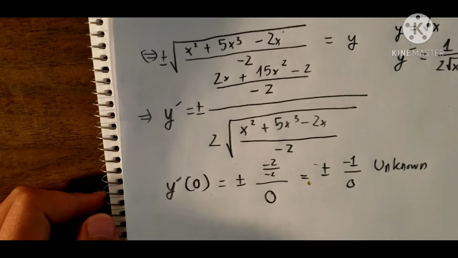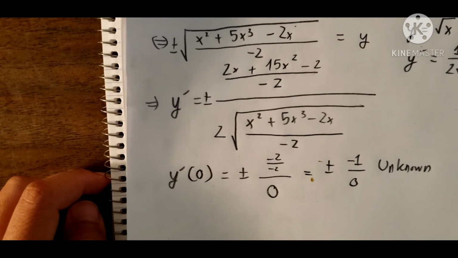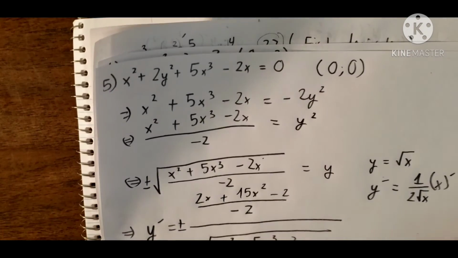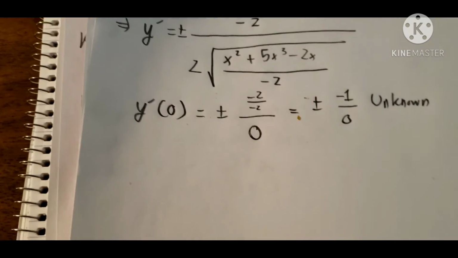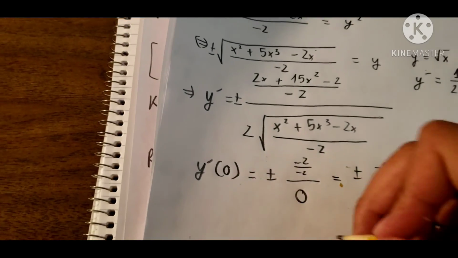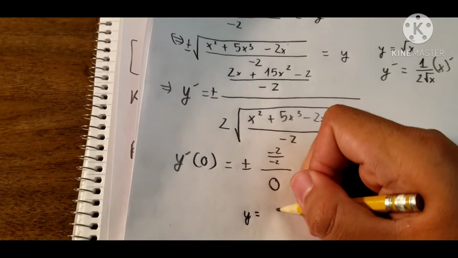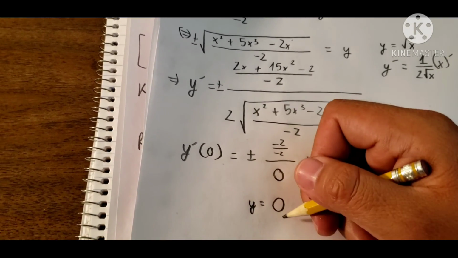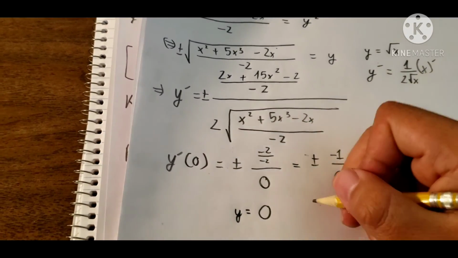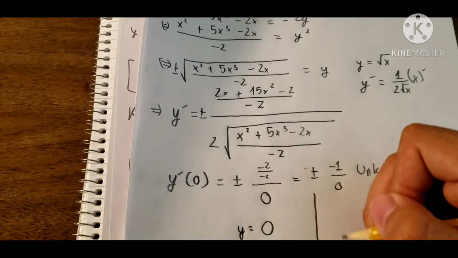So in this one we don't have a tangent line at x equal to 0, because that's unknown. So you can conclude that this is y equal to 0. This is the tangent line, because they should be like this.